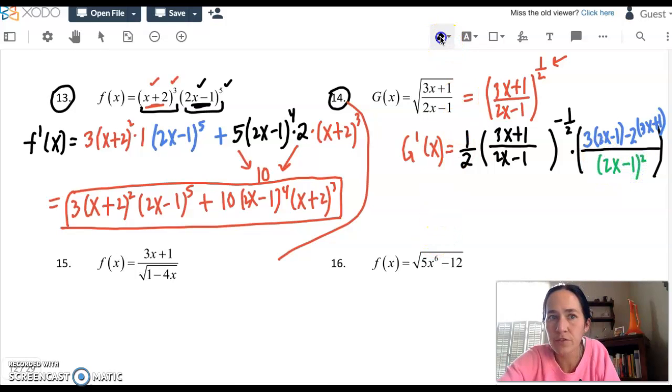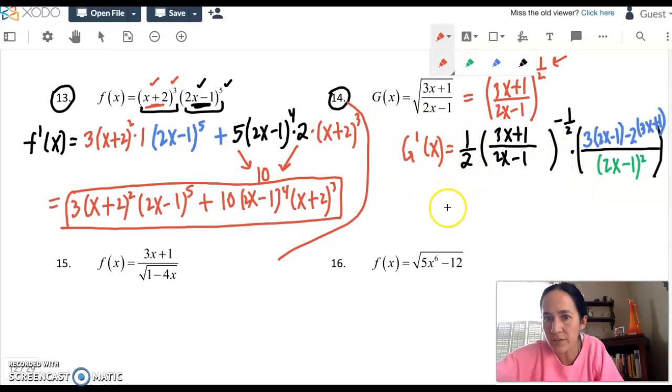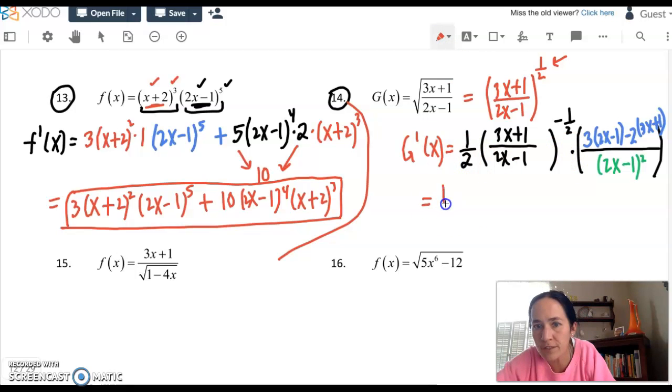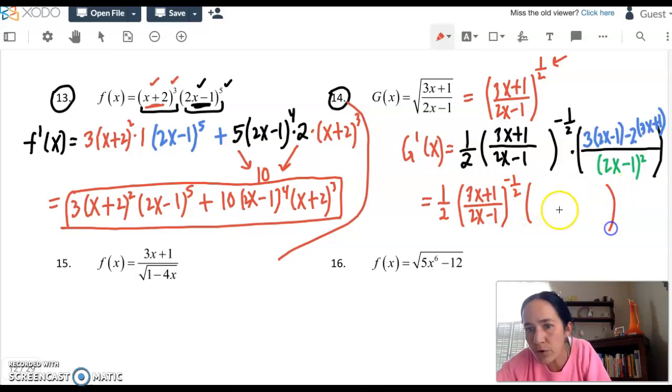In this case, there's not really too much that needs to be simplified. You can pretty much leave this as is, in terms of the 1/2 can stay a 1/2. This whole fraction's to a negative 1/2 power. I'm also fine with this: 3x plus 1, and then a 2x minus 1. But how about just what I originally wrote in blue up here? How about we clean that up a little bit?